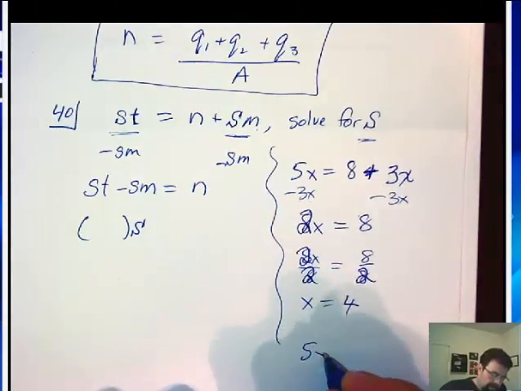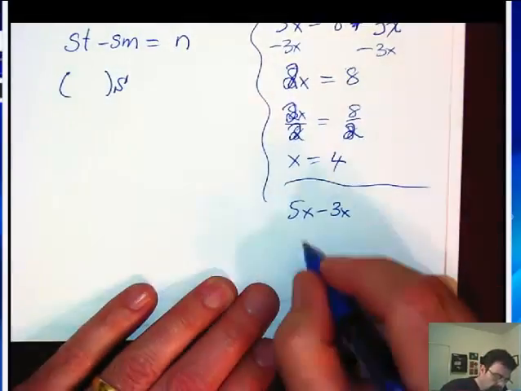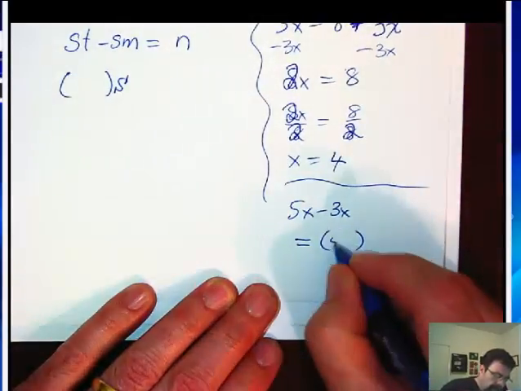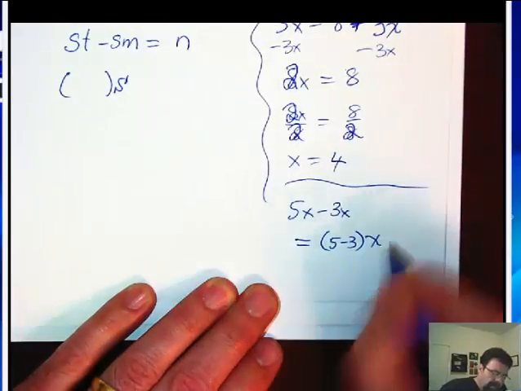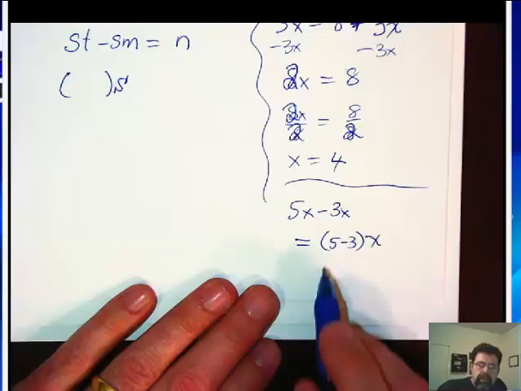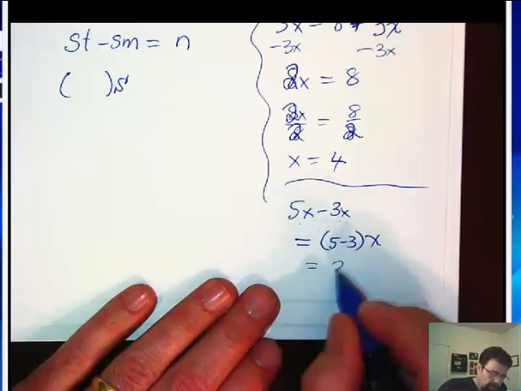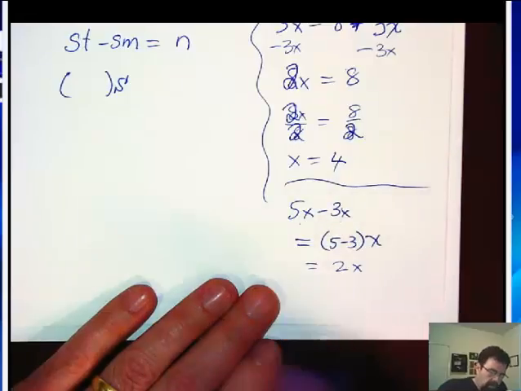See, 5x minus 3x. What you're really doing is factoring the x out using the distributive property in reverse, and then you can do 5 minus 3 is 2.